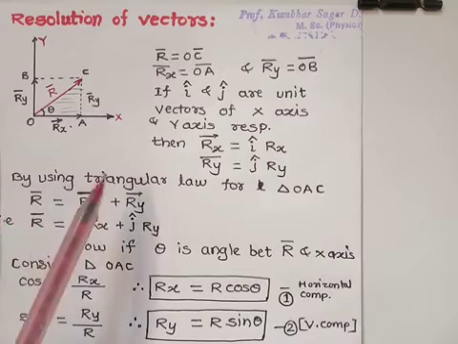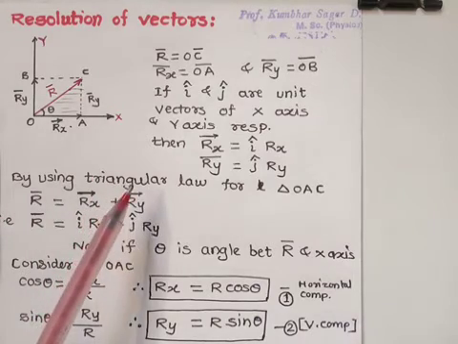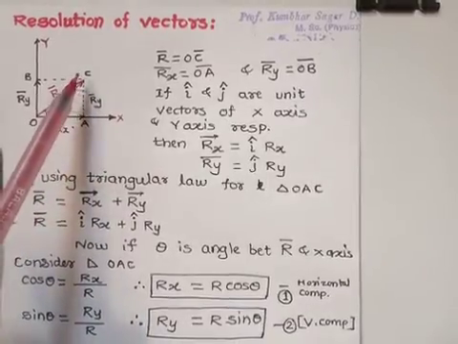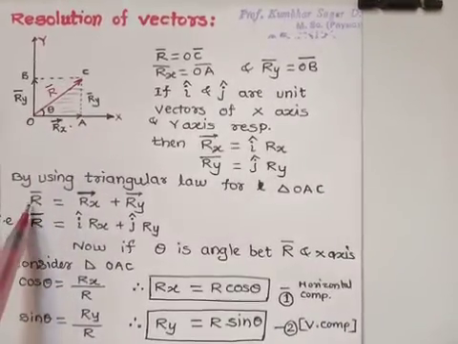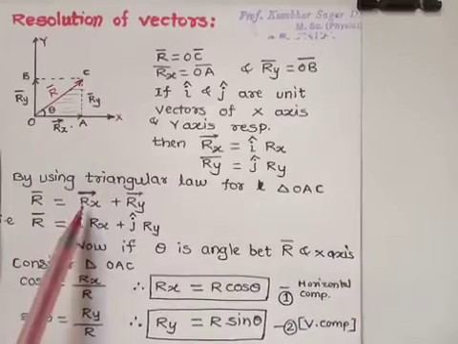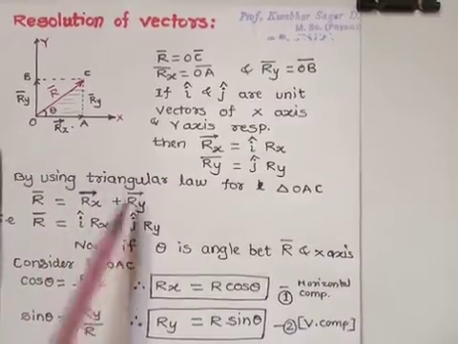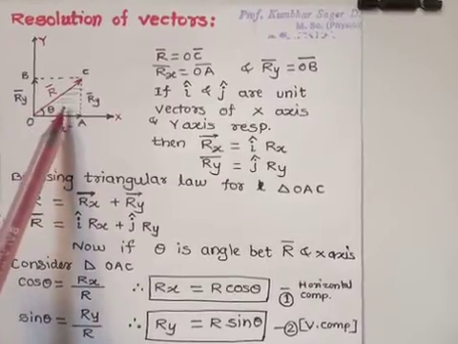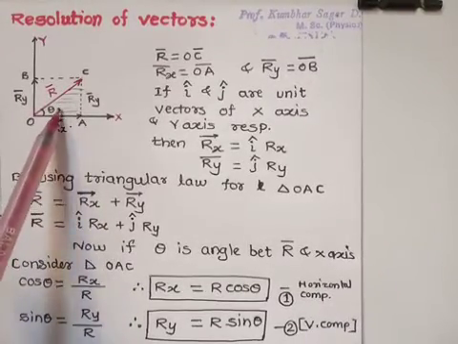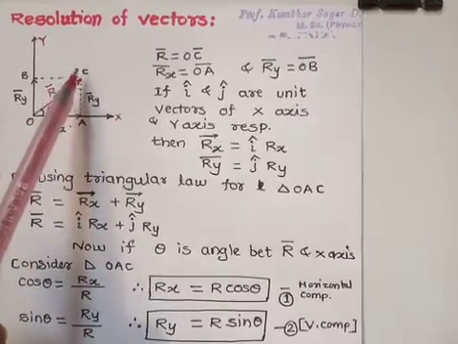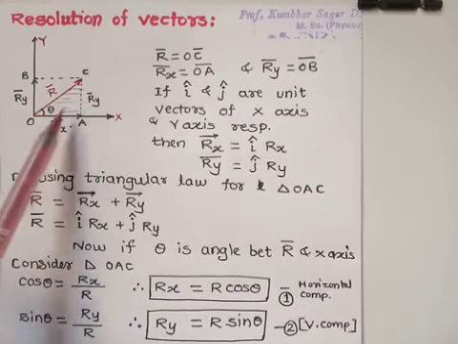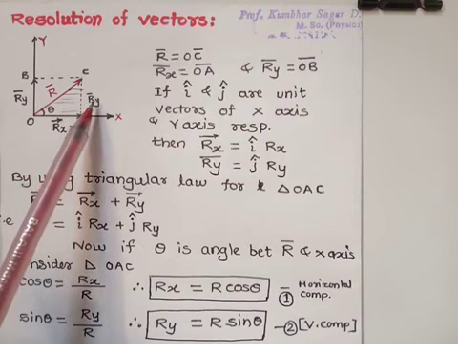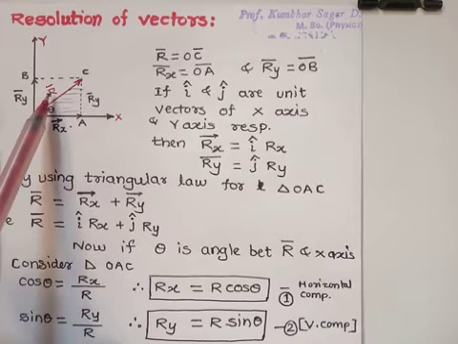Now by using the triangular law for the vector triangle OAC, we say that r bar is equal to Rx bar plus Ry bar. See the diagram shown here by the shaded portion, a triangle OAC. By using the triangular law for this triangle, Rx bar plus Ry bar is equal to r bar.